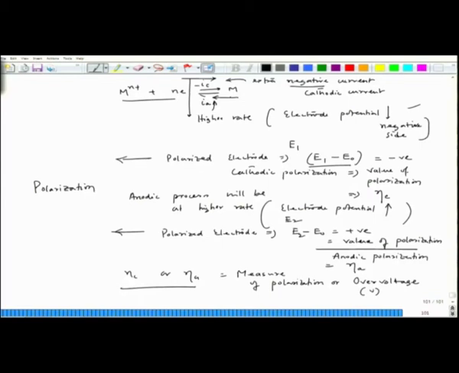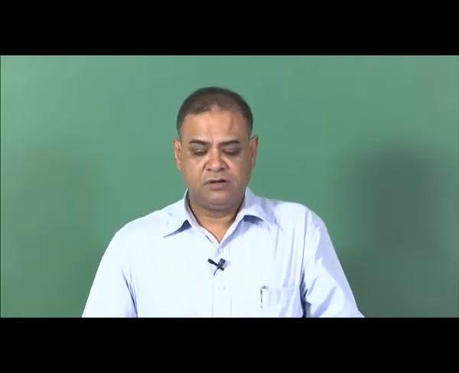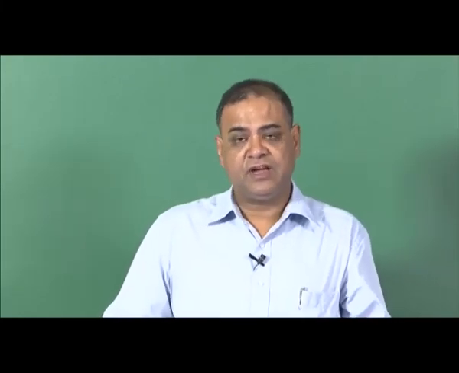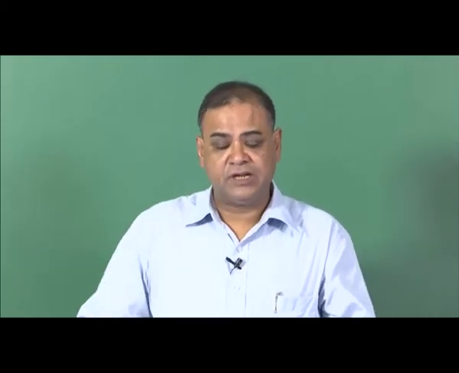So, from this discussion, what we see is that polarization happens because of the supply of extra current, either on the positive side or negative side, either extra cathodic current or extra anodic current.